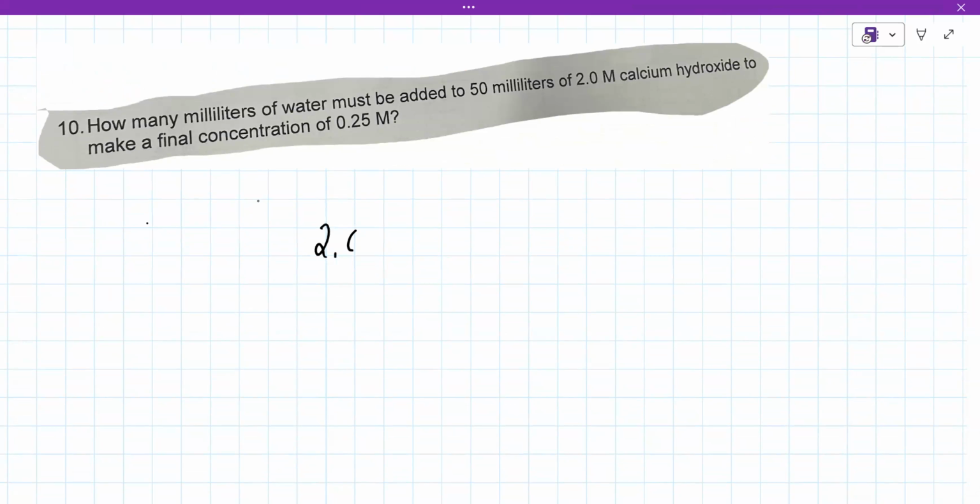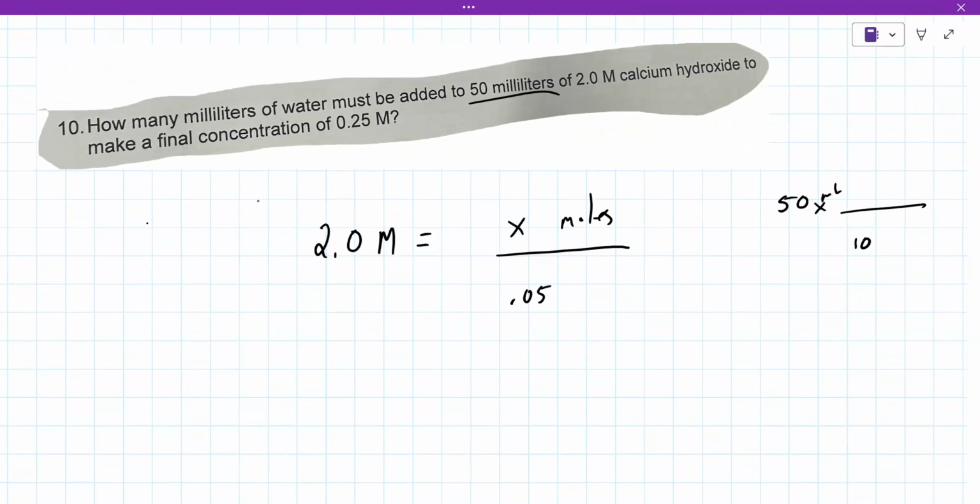So you start out with 2.0 molar, and we know that's X moles. We don't know the number of moles, but we do know it's 50 milliliters. At some point you just get comfortable with the conversion. If you're not comfortable, come off to the side and say there are 1,000 milliliters in 1 liter. So that's 0.05 liters.